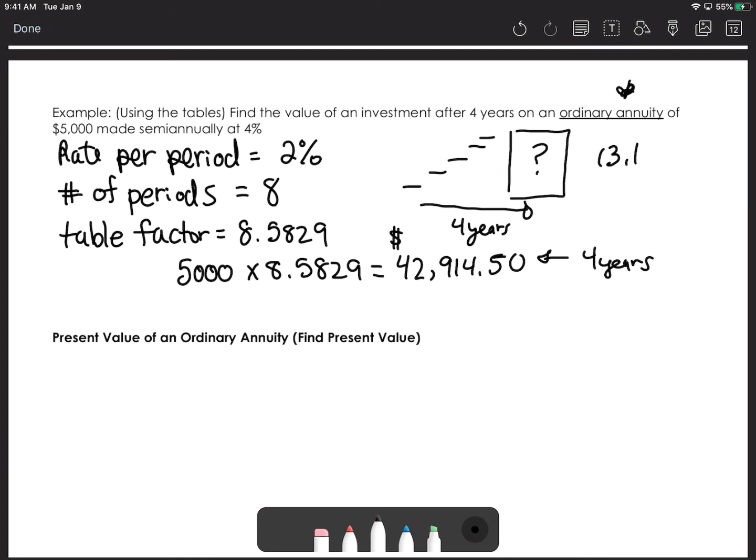Now, here's something to think about. How would we calculate the interest? Well, what we need to do is take the total accumulated balance and subtract the money that we put into the bank. Whatever the difference is going to be the interest.